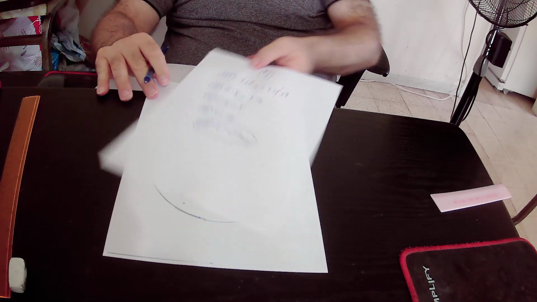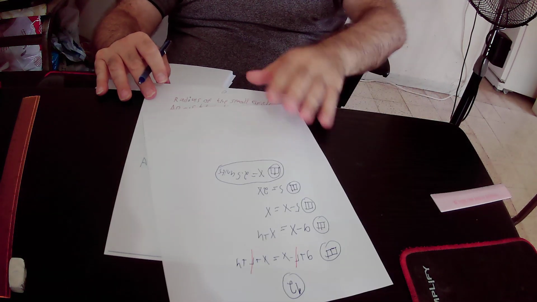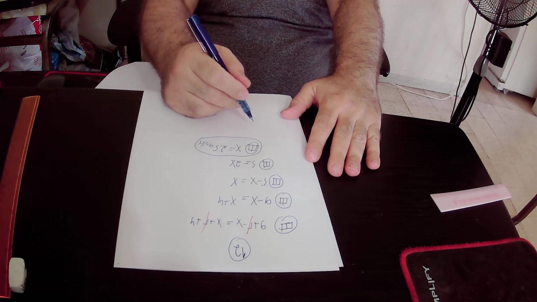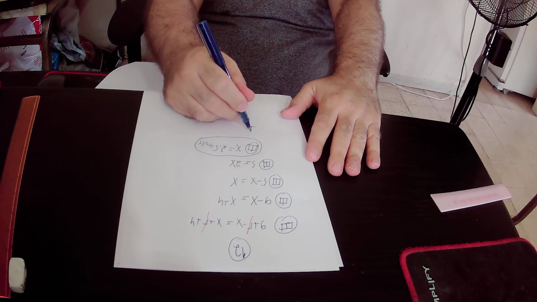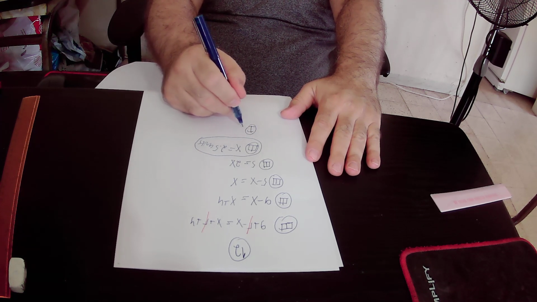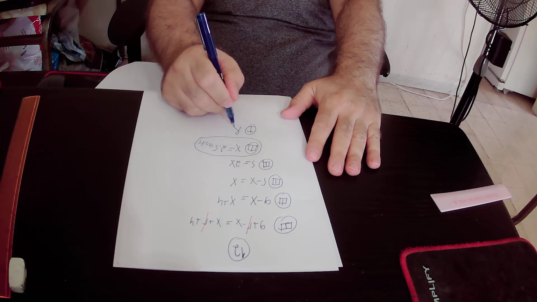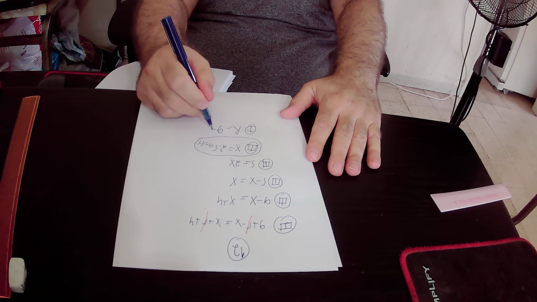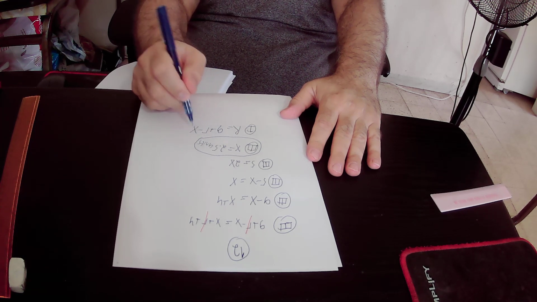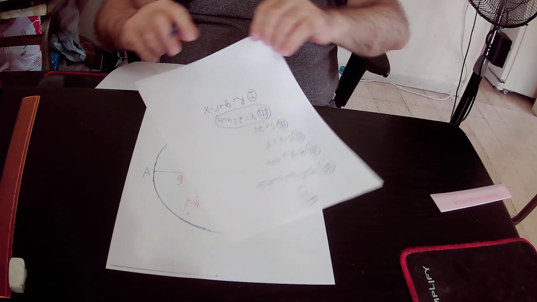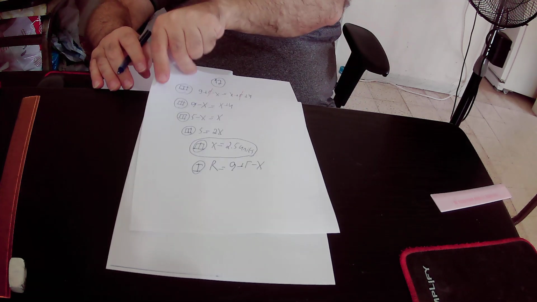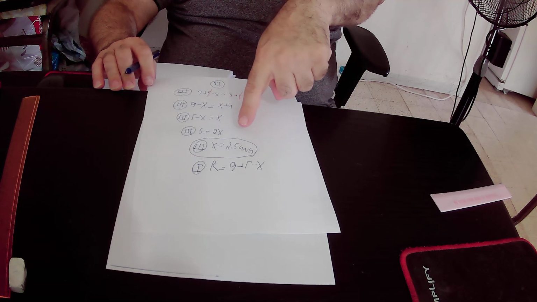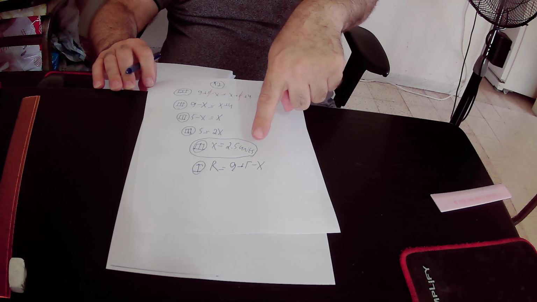Now we can return to equation number 1. Equation number 1 states that the radius of the big circle equals 9 plus r minus x. Okay, that is equation number 1. We can substitute x by 2.5 units in equation number 1.